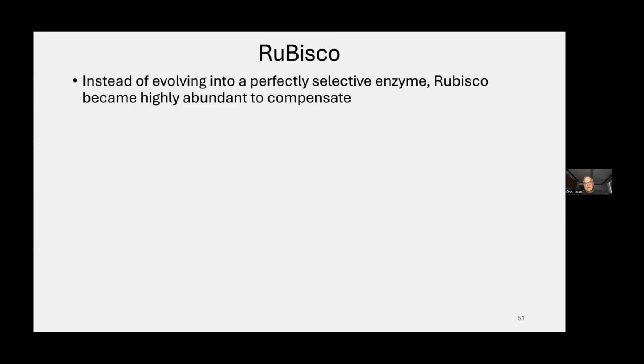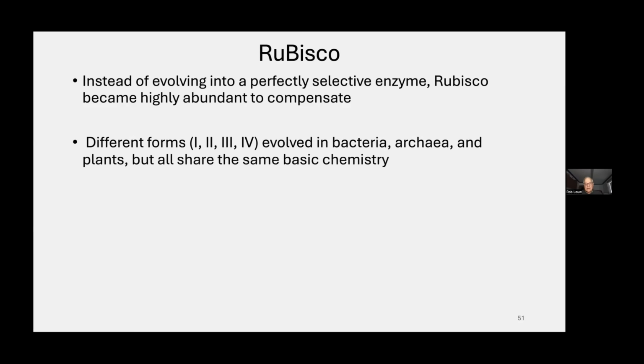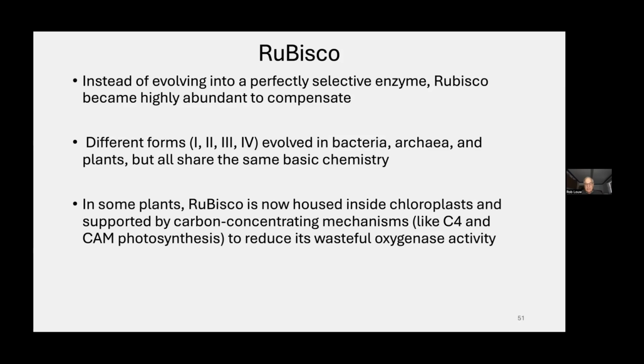Now, instead of evolving into a perfectly selective enzyme, Rubisco became highly abundant to compensate. Different forms evolved in bacteria, archaea, and plants, but all share the same basic chemistry.